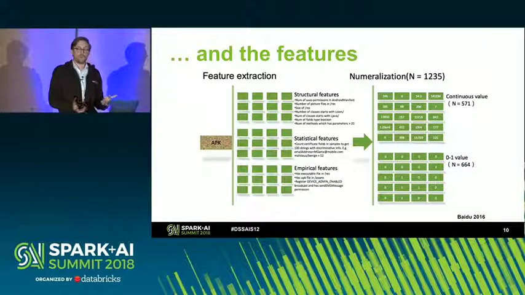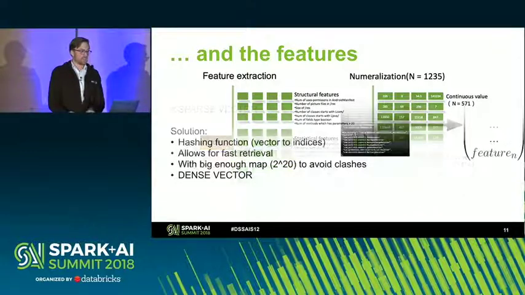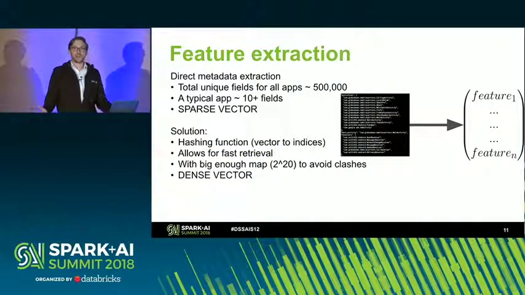Now, the way that we would handle these features is different from a normal problem. We couldn't just say, yes, binary has or doesn't have a signature, or does have or doesn't have an activity. This is because, as we'll see in the next slide, over all apps globally, there are potentially 500,000, if not more, unique fields that you could have here. And a typical app will only have 10 plus.